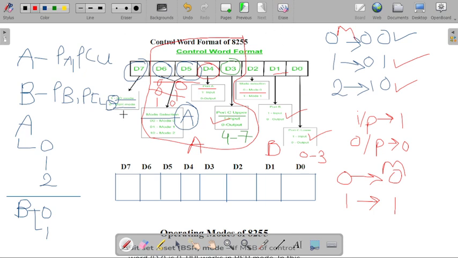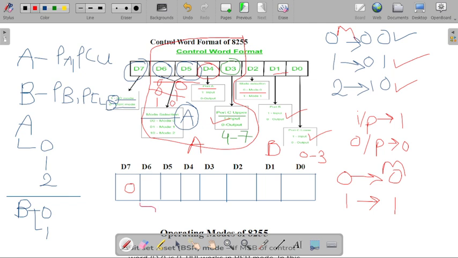So this is called the control word format of the 8255. Now you can check that if your processor is working in input output mode, then we set 1 here. If it is working in BSR mode, then we write 0.